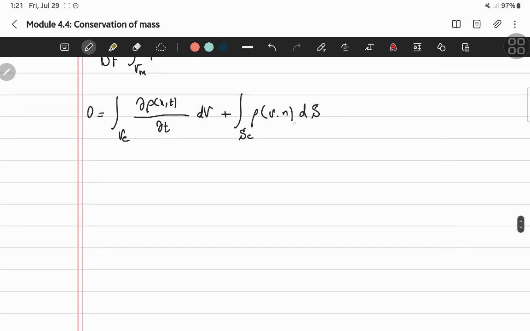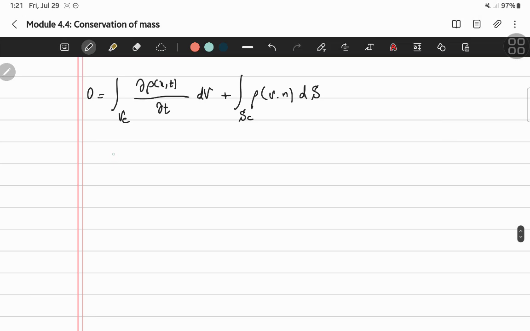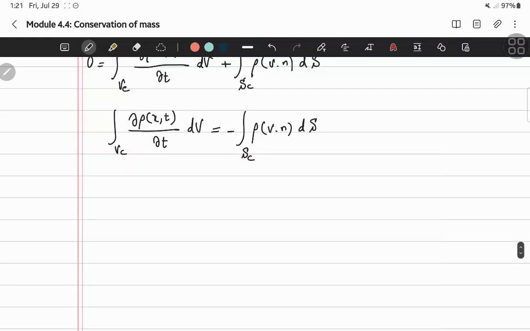Then we can take this to the left hand side of the equation, or we can write it as the integral of the partial derivative of rho(x,t) with respect to t over vc dv equal to minus the integral of rho v dot n ds over sc. So what does this mean?